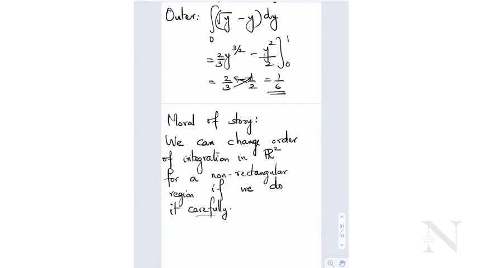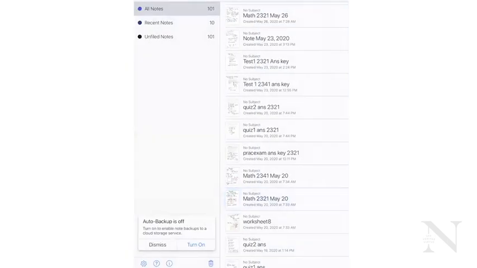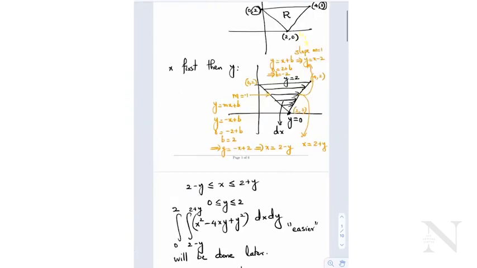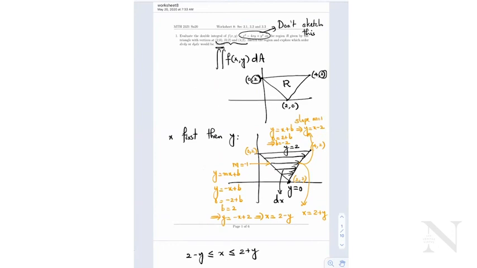Then we did a question on the worksheet, which was here, just to show you that sometimes doing one of them might be easier, not in terms of being correct.